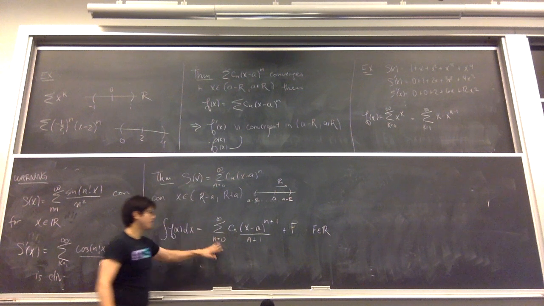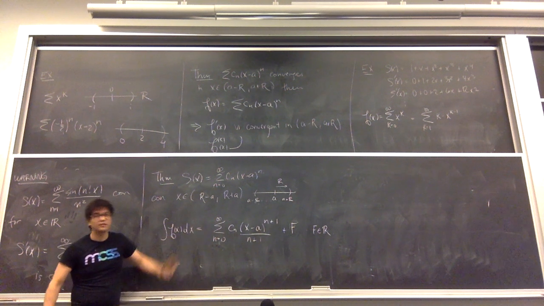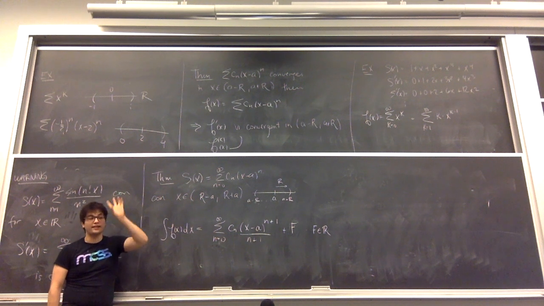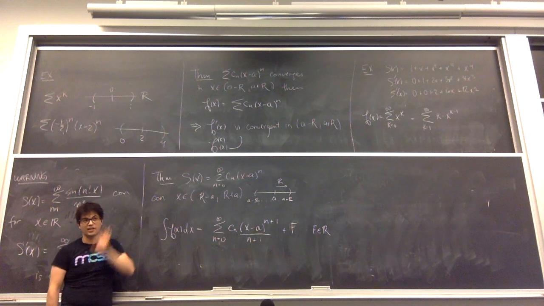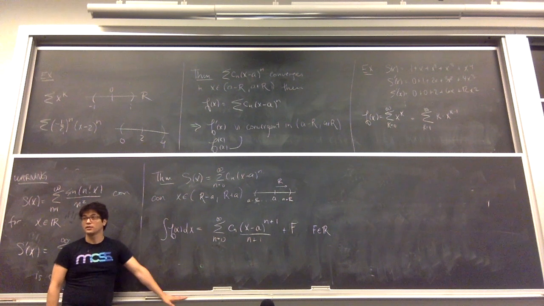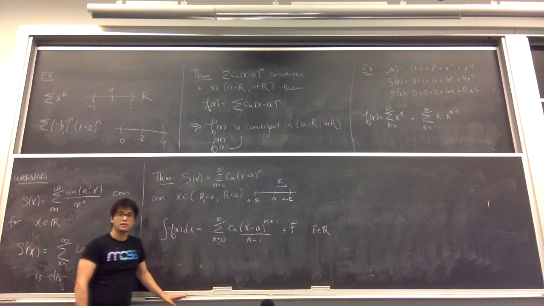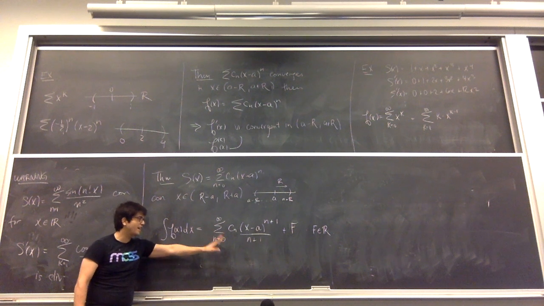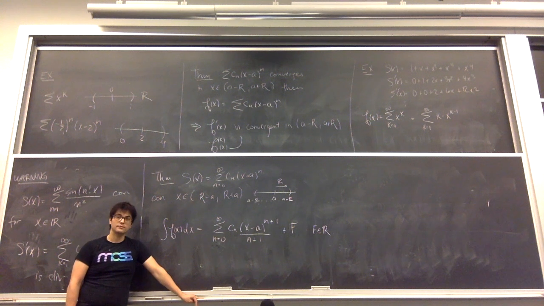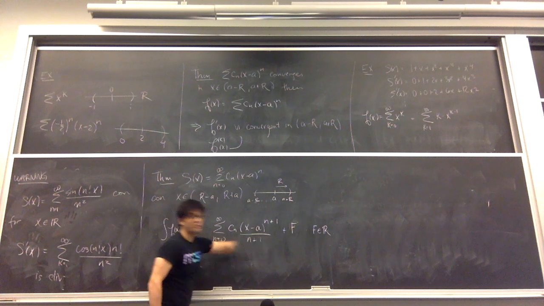Okay, so tell me, can this converge? Yeah, this is now the antiderivative. We know that convergence is preserved as we take derivatives. Is it preserved as we take integrals? Very obviously no. Why can I conclude immediately that this is divergent? Suppose that this F isn't 0.